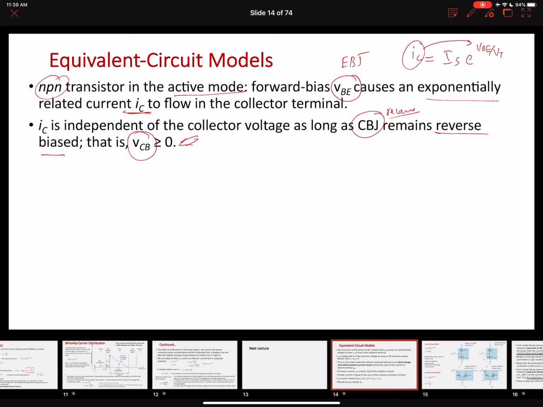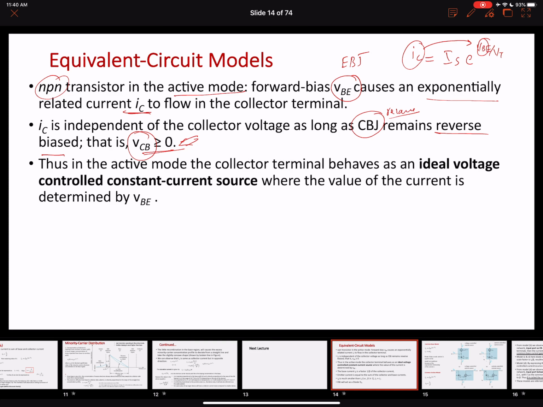Very shortly we're going to talk about the real model, how to overcome the barrier voltage, and what the exact threshold values are. For now, considering the ideal model, once our collector to base junction voltage is greater than or equal to 0, the junction is reverse biased and our collector current is independent of the collector to base junction biasing voltage, and will depend only on the emitter to base junction biasing voltage.